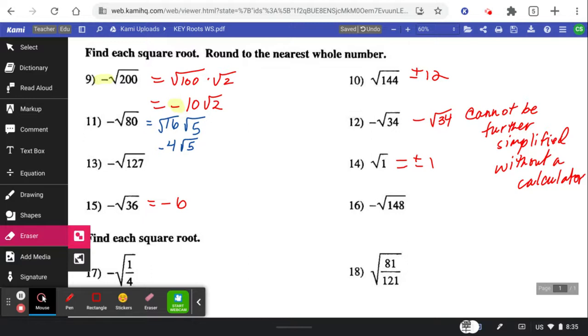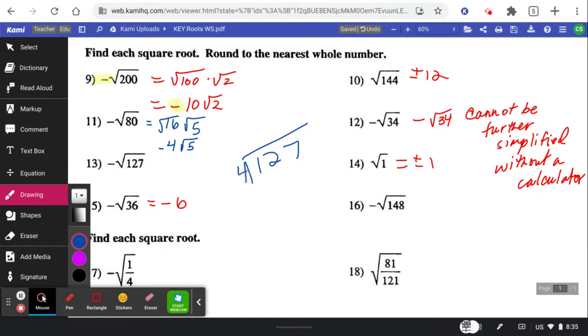Negative root 127. 3 doesn't go into that. Let's do a couple tests here. And by the way, if you've got a calculator, use that. 3 doesn't go in. Does 4 go in? No. 5 doesn't go in. Does 6 go in? No. Does 7 go in? No. 8? No. 9? No. Wow, is 127 a prime number?